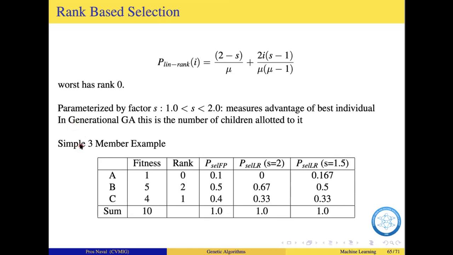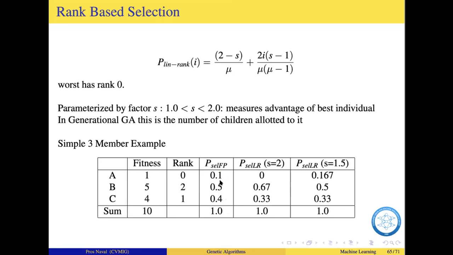Here we have a simple 3-member example. Suppose your fitness is 1 for member A, 5 for B, and 4 for C. The fitnesses sum up to 10. Then you sort them and rank them. This one has the lowest fitness, so it's ranked 0, then 2, and 1.